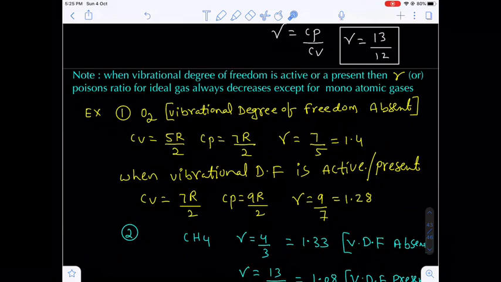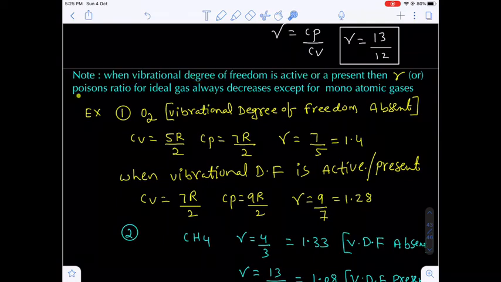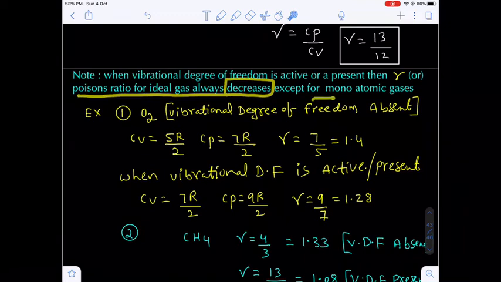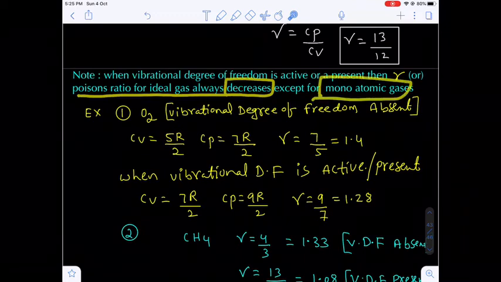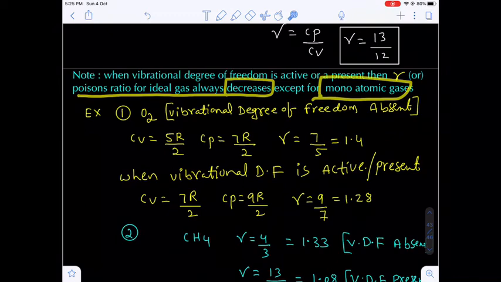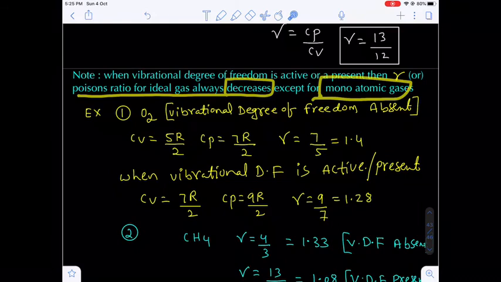Now here this is a very important note. When the vibrational degree of freedom is active, that means present, then the gamma, the Poisson ratio value, always decreases, with the exception of monoatomic gases. Monoatomic gases, we should not consider the vibrational degree of freedom and rotational degree of freedom. Are you getting my point?